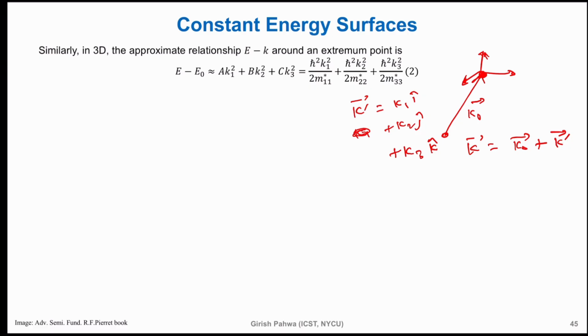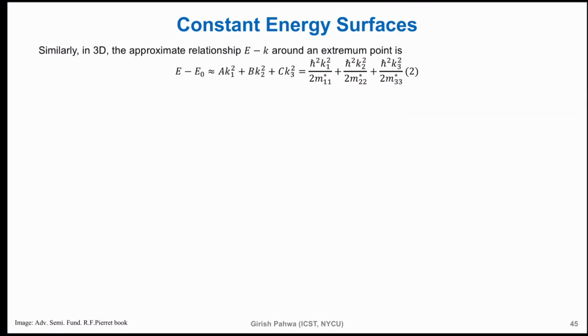You got it? Or just don't make it too complex. If you don't understand it, that's fine. Just always keep in mind that this distance is from the extremum point, K1, K2, K3, not from the origin. Okay, so we have this simple relationship again.